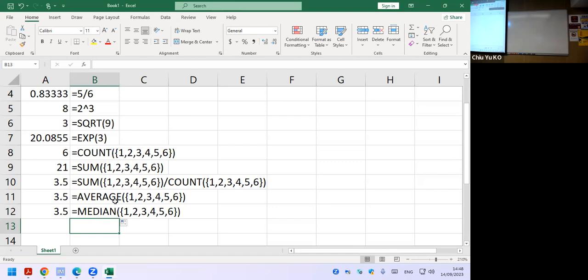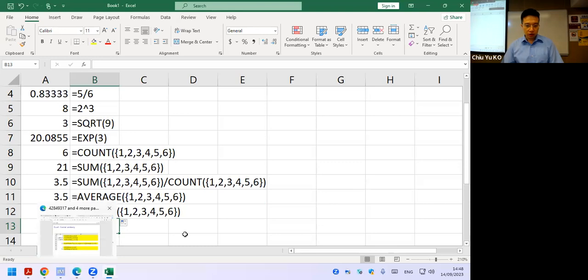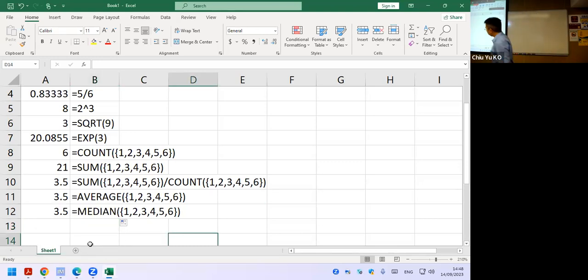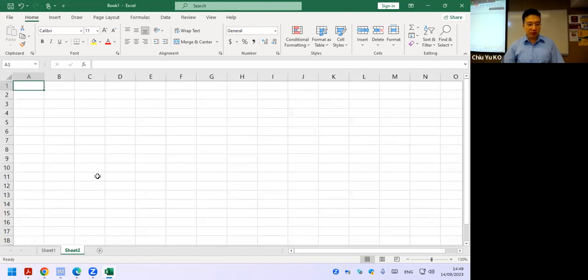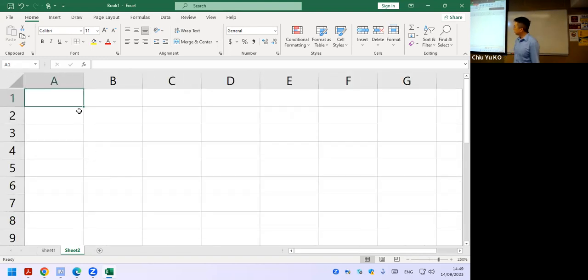What you usually do is use the plus mark here to open another sheet, and instead of putting the numbers there, you separate them.